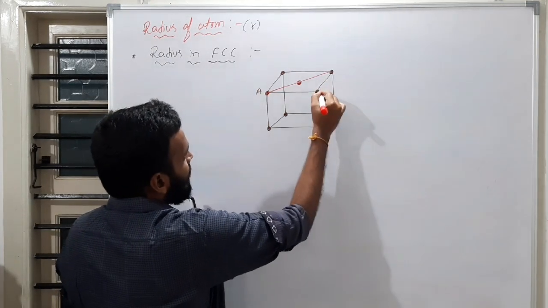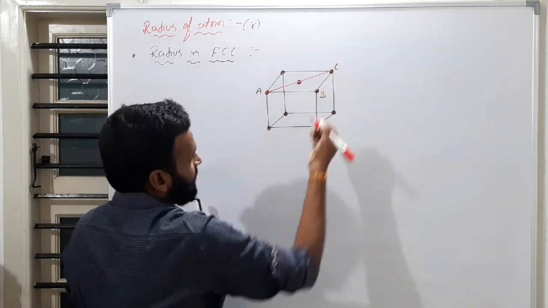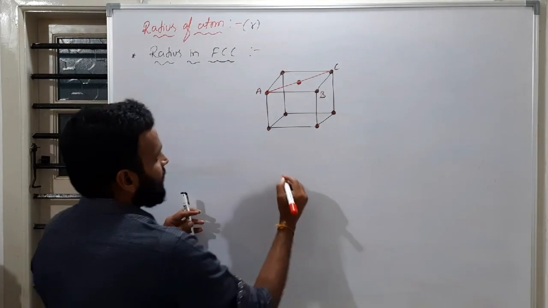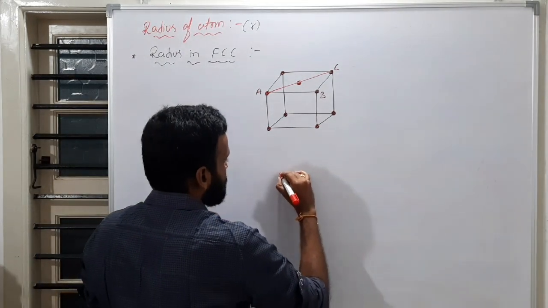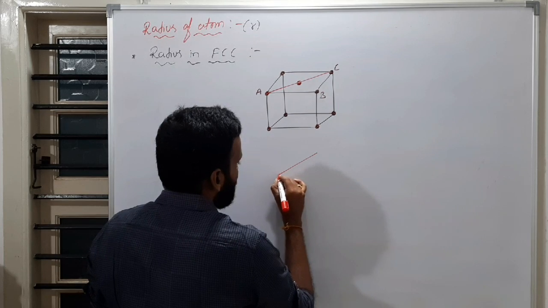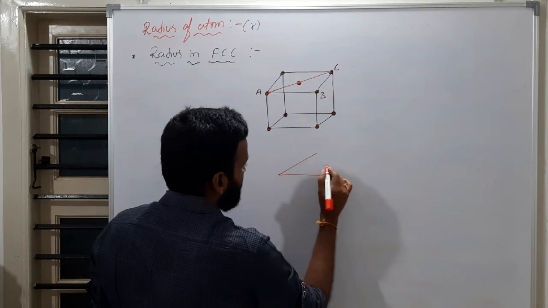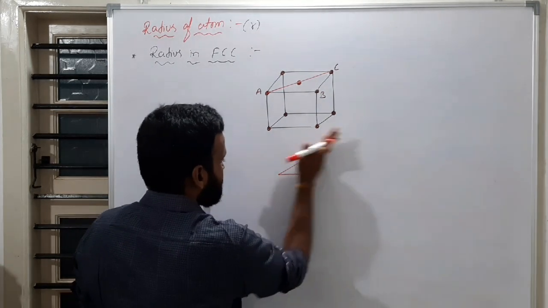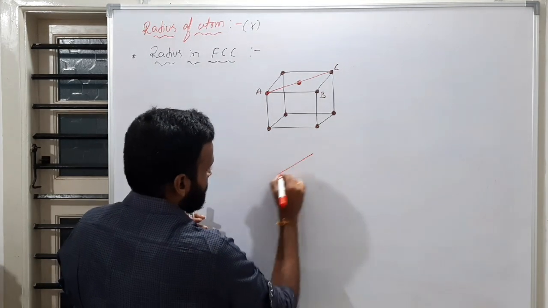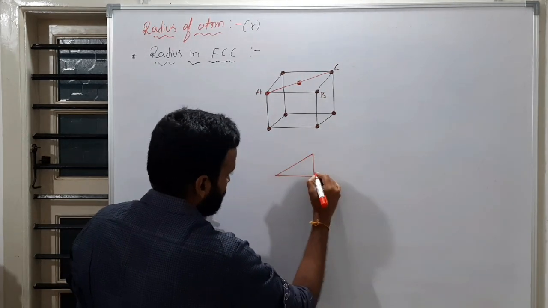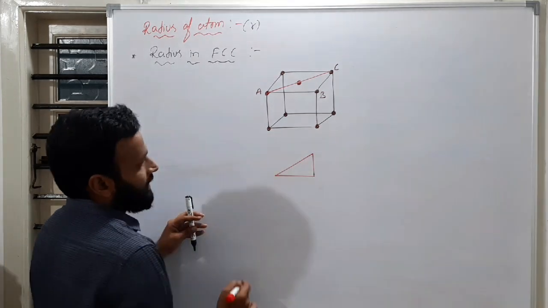Suppose this is A and this is B and this is C. So what I am considering, I will draw like this: A, and here you are having B, and I will draw one more. For just clarity I am writing like this.